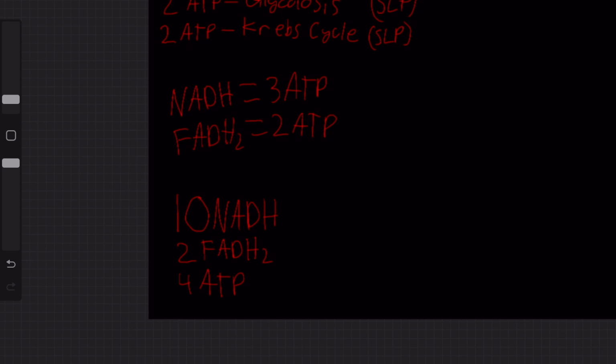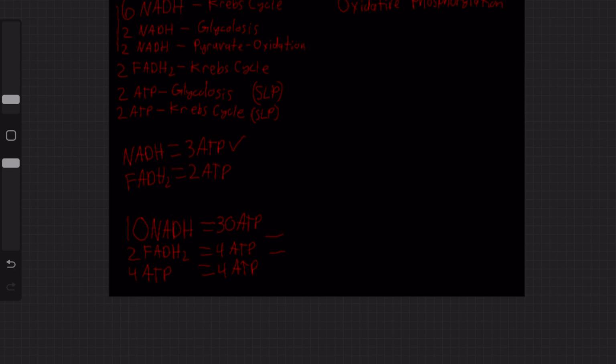So if we add this up, 10 times 3, because we have a net gain here of 3 ATPs, and we want to convert 10 NADHs to ATPs. So this will give us 30 ATPs. FADH2, we have 2 of them, and we have 2, so multiply 2 by 2, we have 4 ATPs. And then we have another 4 here, which stays the same, which gives us our total of 38 gained ATPs.